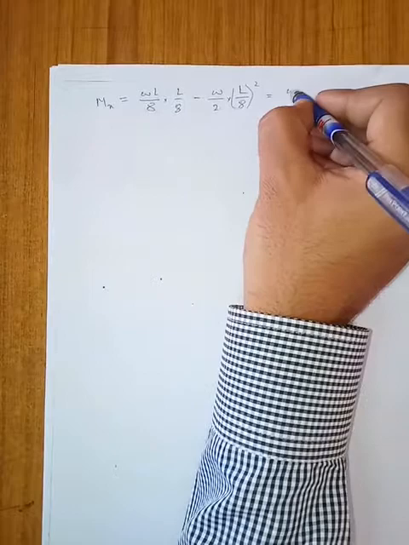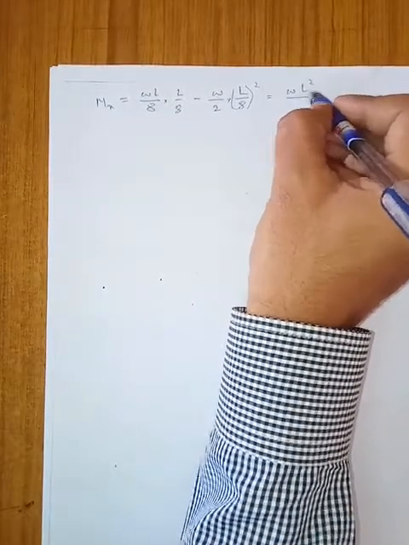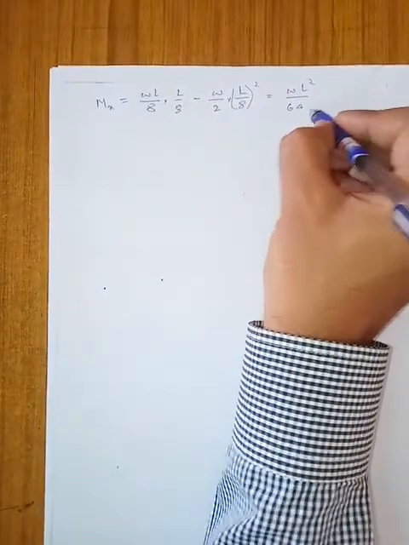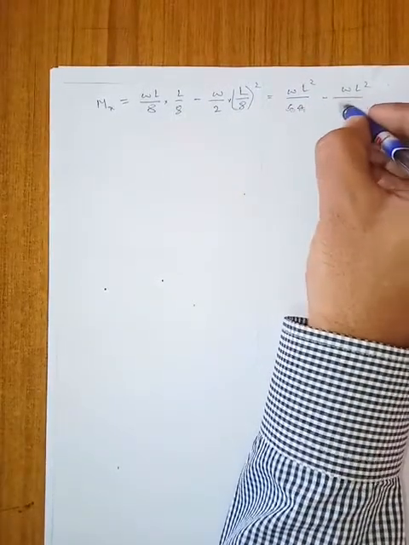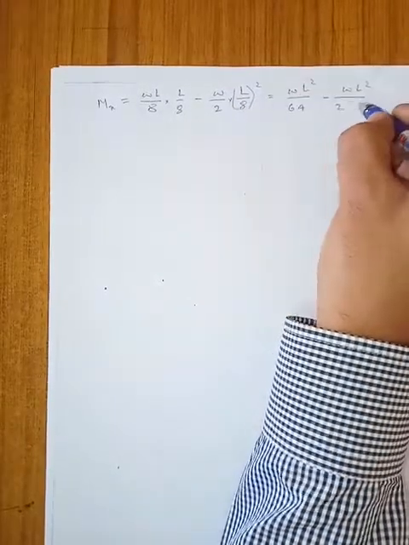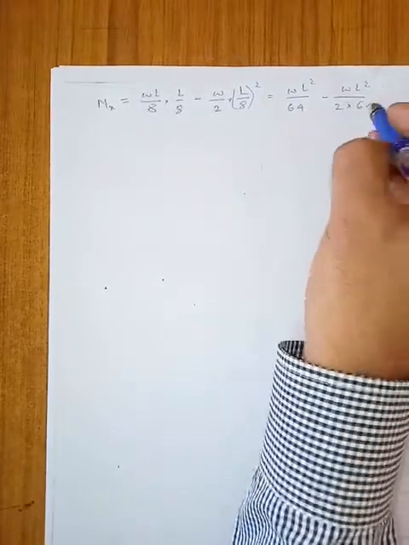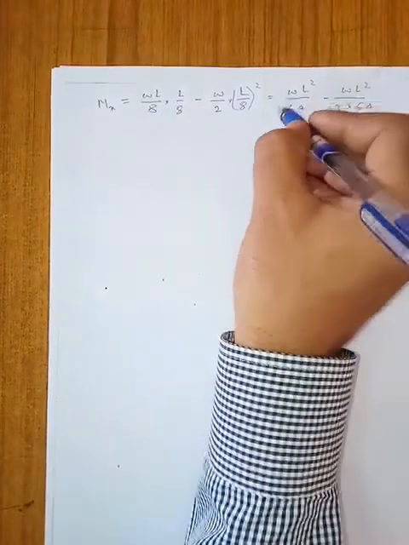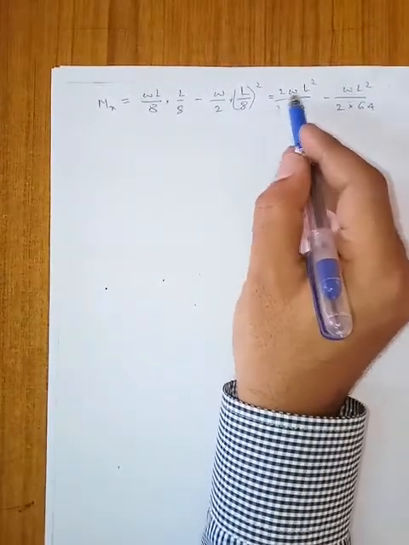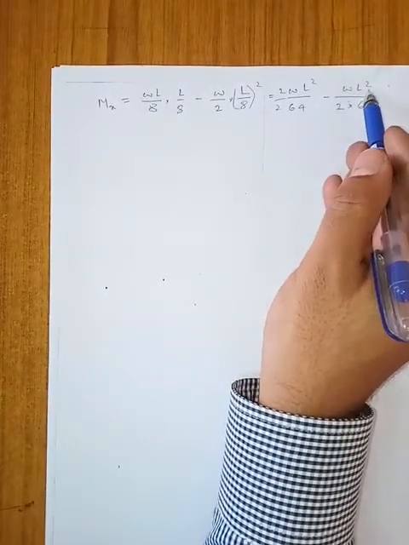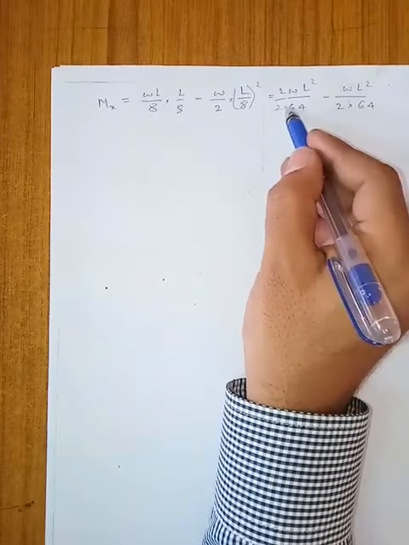Simplify this one. WL square upon 8 is just 64, minus W into L square upon 2 into 8 square is 64 again. So here we have denominator 64 into 2. So we have to multiply this by 2. So what you will get? 2WL square minus WL square upon 2 into 64.